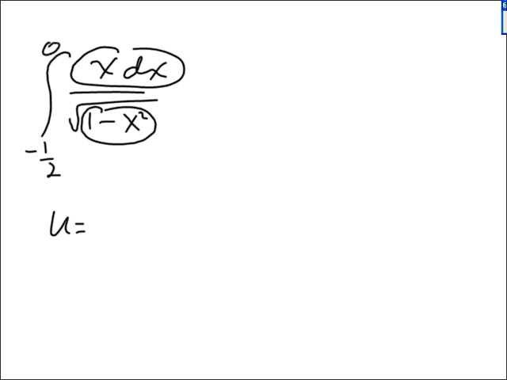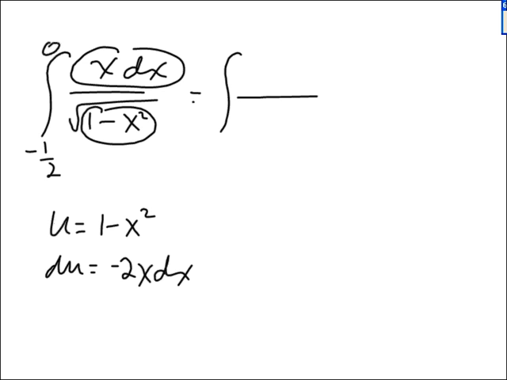If I just let u be 1 minus x squared, then du is negative 2x dx. This bottom is u to the 1/2. And the top, if I sneak in a negative 2 and bring out a negative 1/2, is just du.